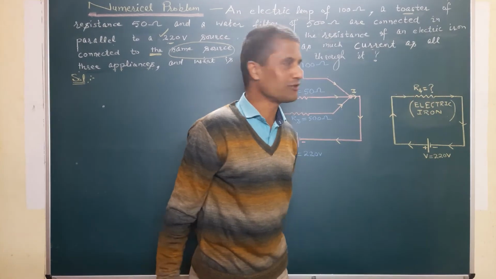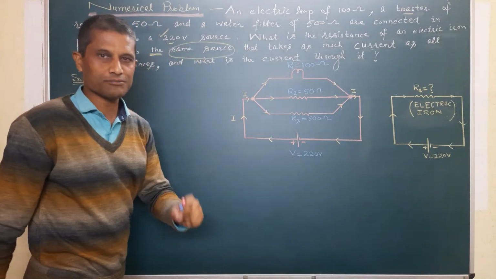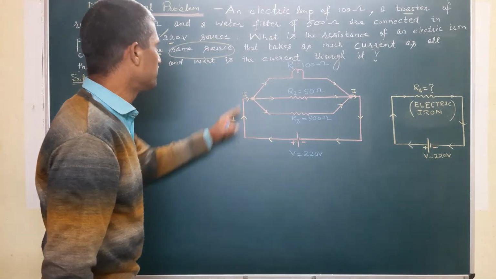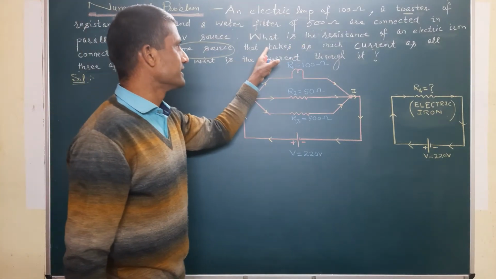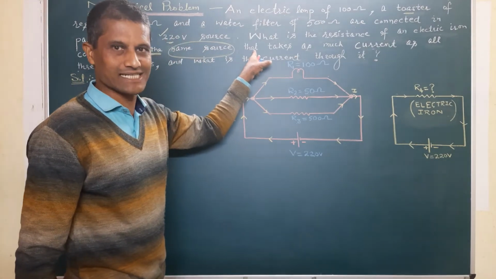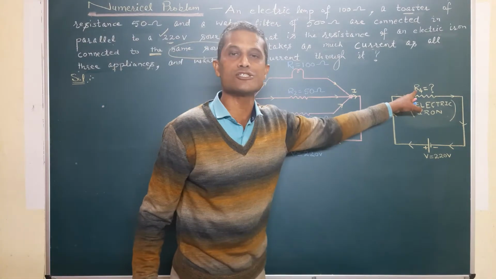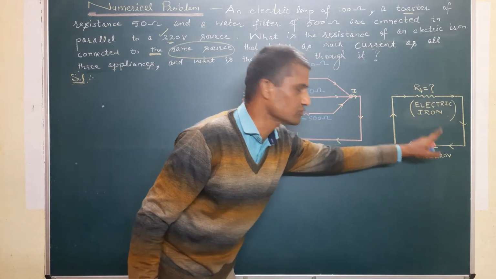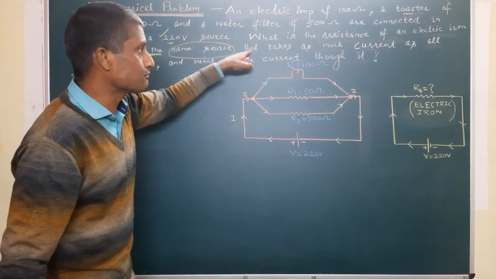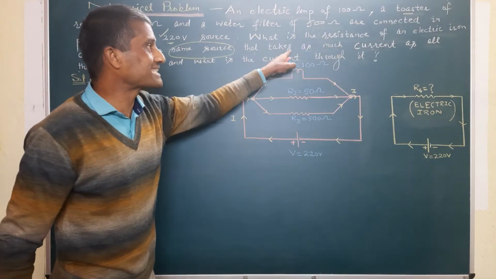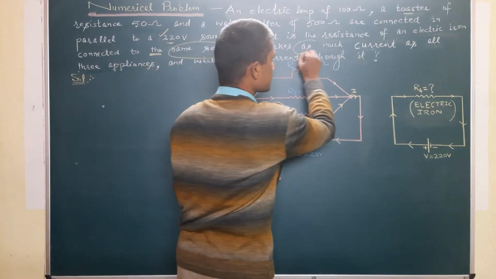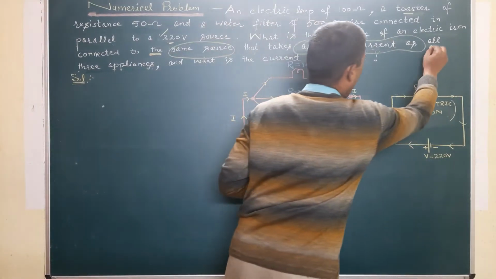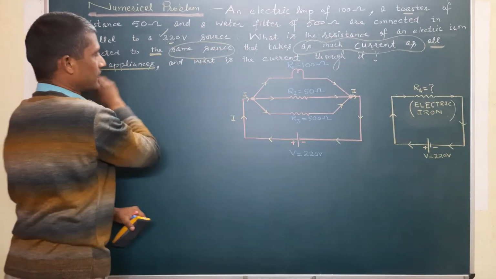R4 we are going to find out, but we are still left with an important part of this numerical problem. You need to find out the resistance of the electric iron which is connected to the same source. I have told you the same source, here it is 220 volt. That means the electric iron takes as much current, and that's important, as all three appliances.